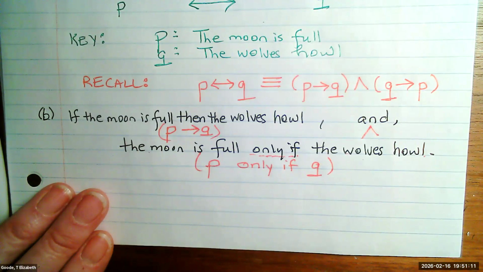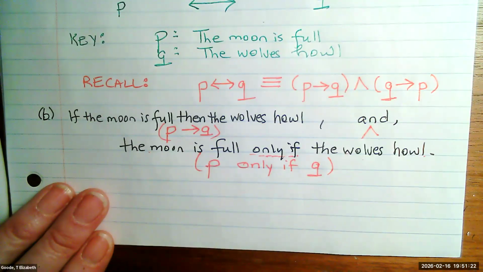If P then Q is the same as Q if P. But look, if P then Q is the same as P can be true only if Q. P can be true only if Q follows.